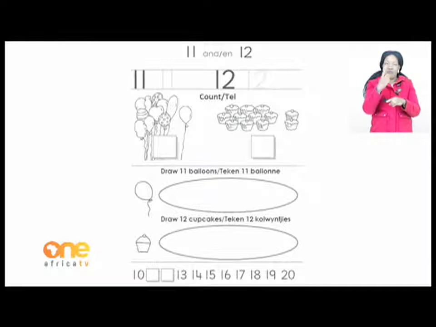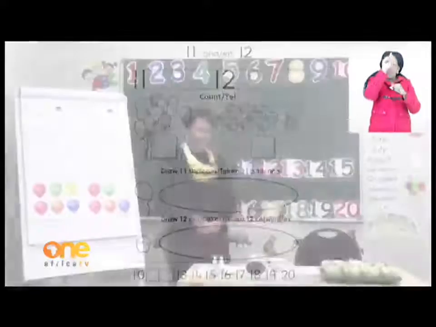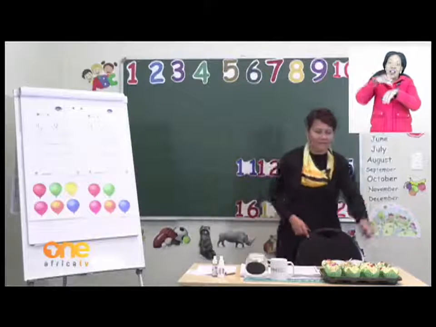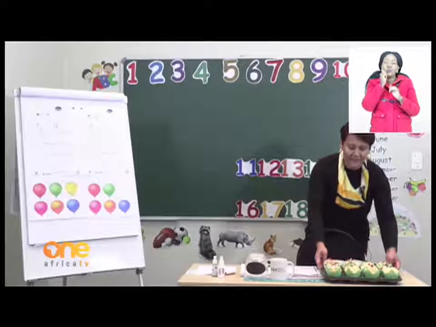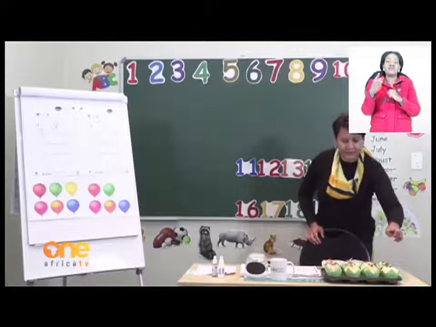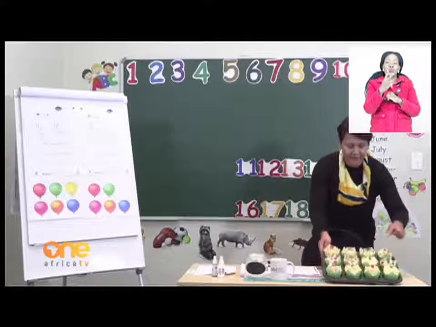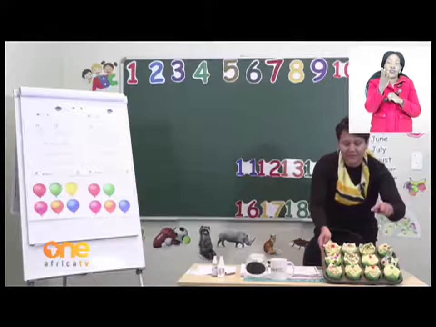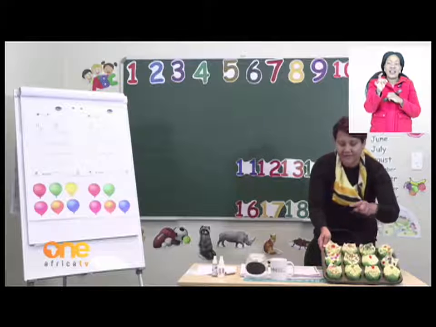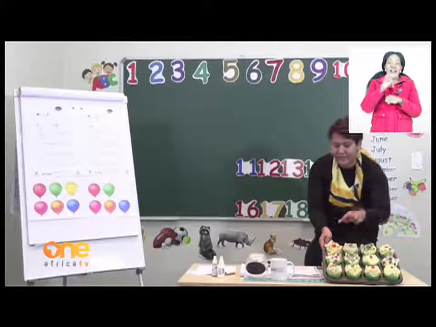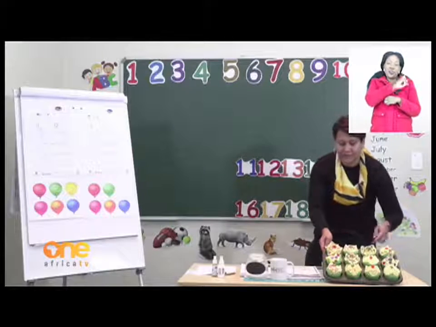Also make sure you trace the number correctly. Let's count the cupcakes. I have some cupcakes here. They look quite yummy. Let's count. 1, 2, 3, 4, 5, 6, 7, 8, 9, 10, 11, 12.